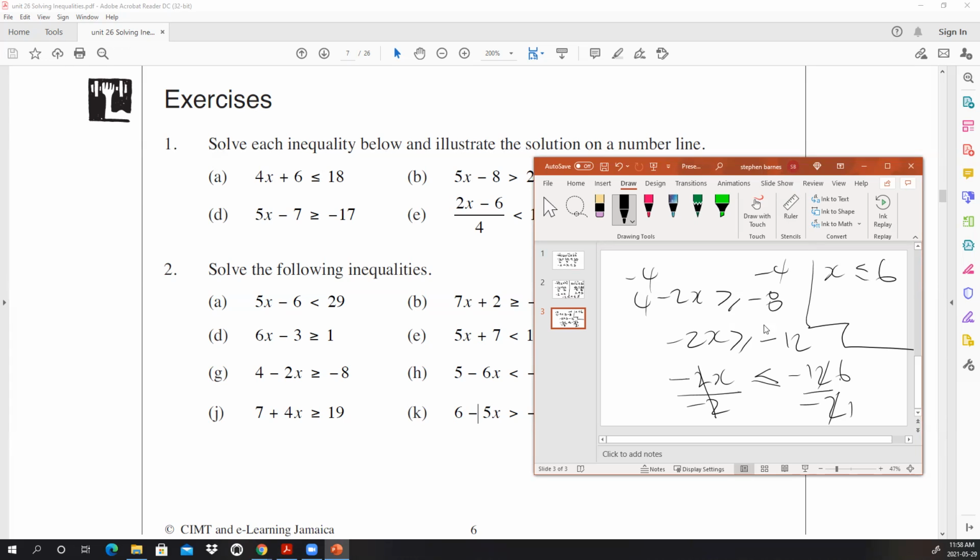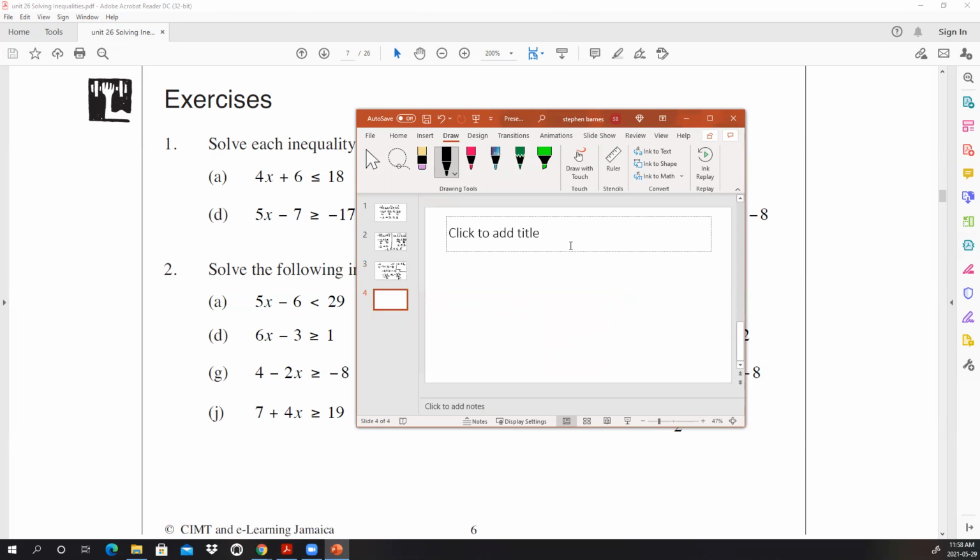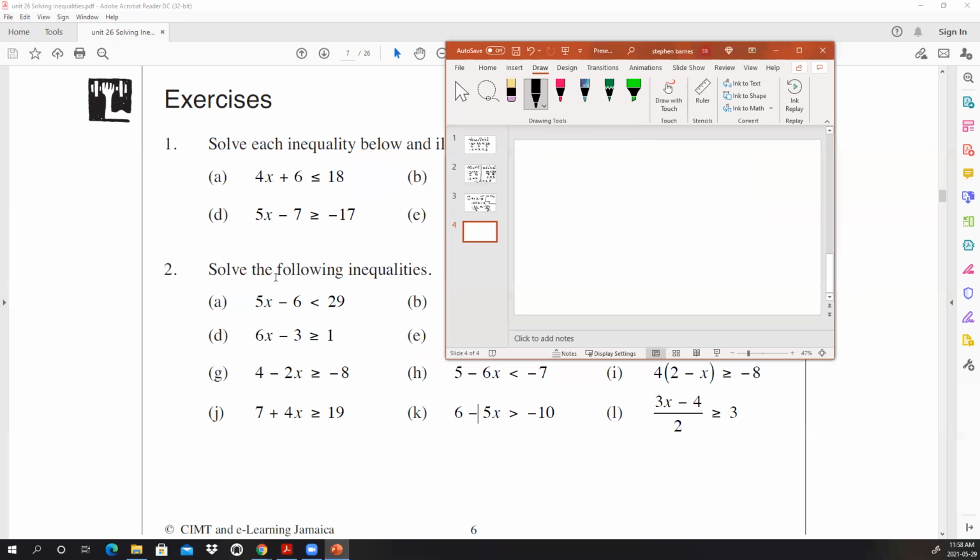The next one is K. Same treatment for K. 6 minus 5x greater than 10, minus 6 on both sides. Then divide both sides.